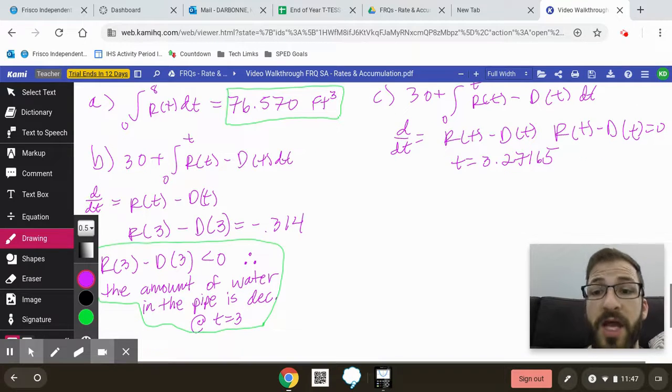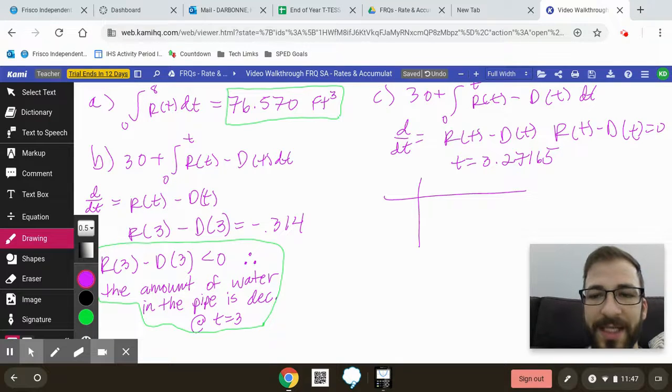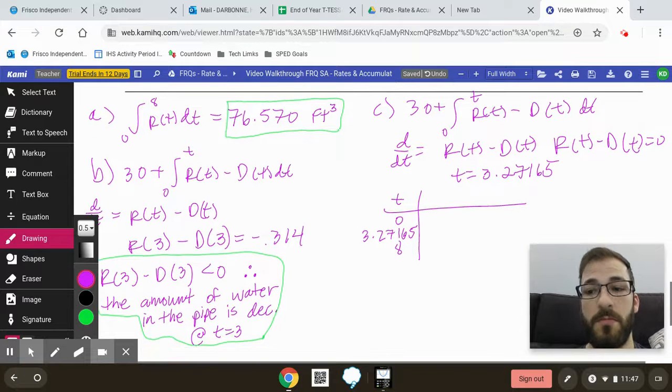Okay, so now I'm going to find, if you've noticed on the scoring reports, they like to make a little table, which tables are kind of cool. So t value of 0, 3.27165, and 8, and I'm going to find all of these values. Now, remember, I'm just plugging t in here for length of the video's sake.